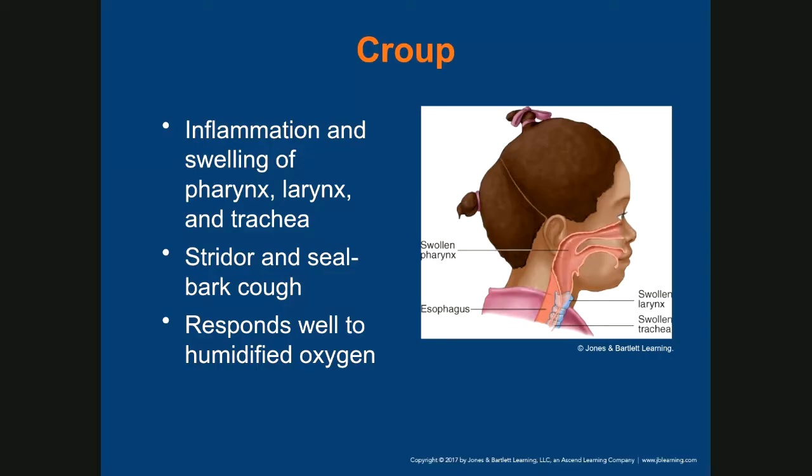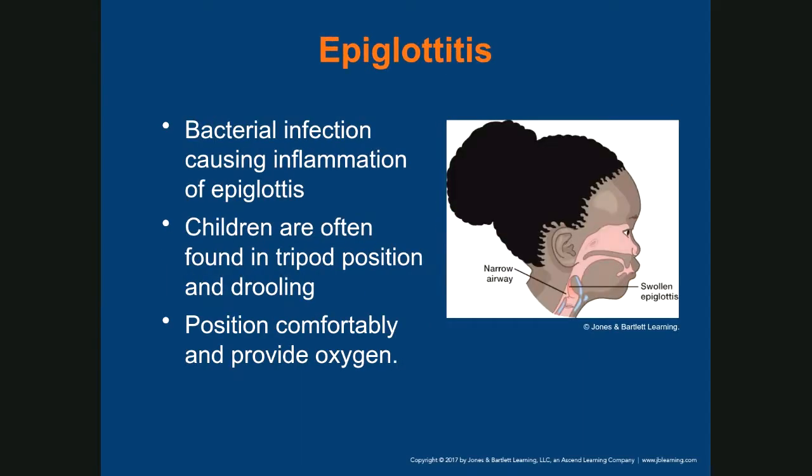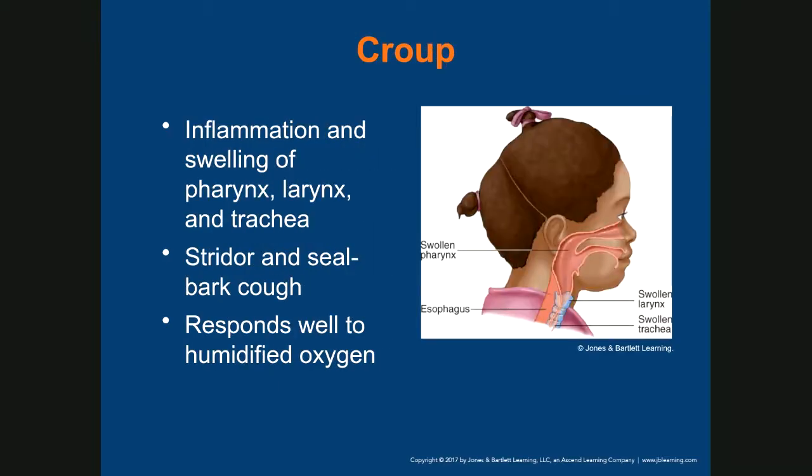So do not manipulate the patient's airway in the field. Once they are communicating with you, don't pause and open the mouth to look inside. None of that, right? We don't do that because that may aggravate the condition and cause further swelling of the air passage. And croup would be an upper airway issue.